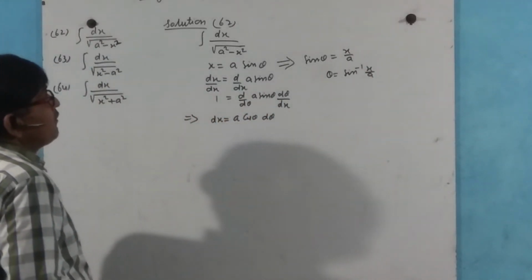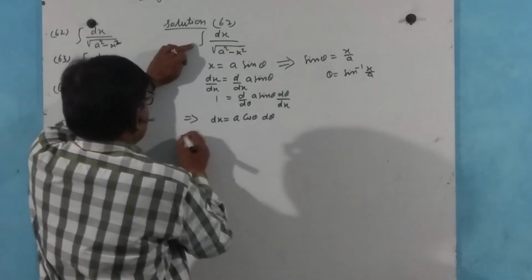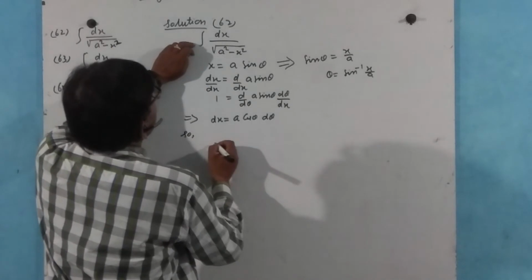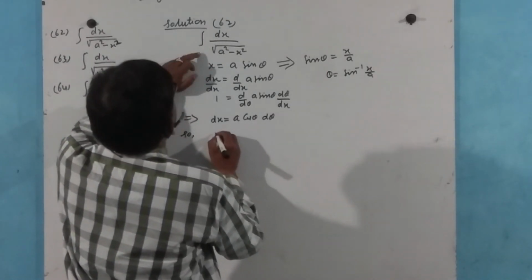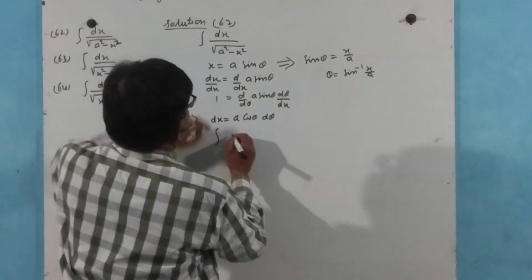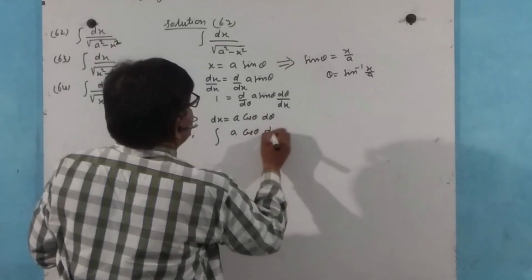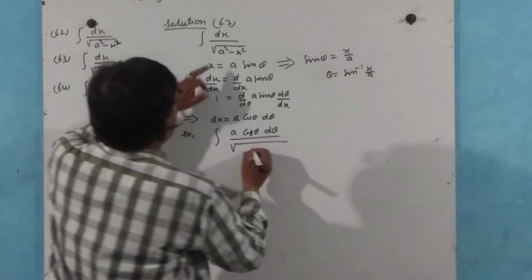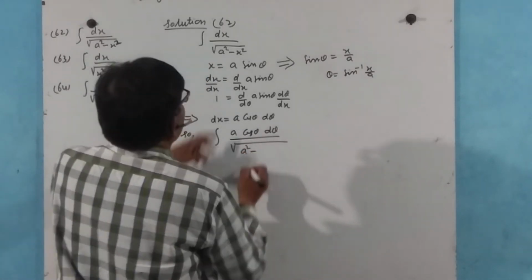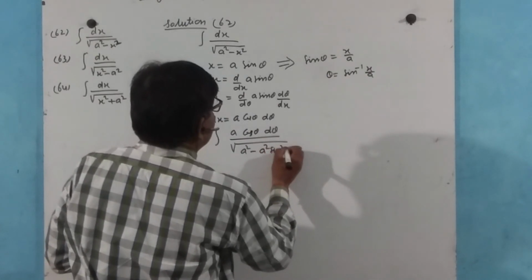Now in this case, dx can be written as integration of a cos theta d theta divided by under root a square minus x square, and x is equal to a sin theta, so a square sin square theta.